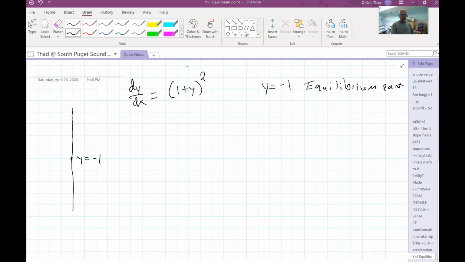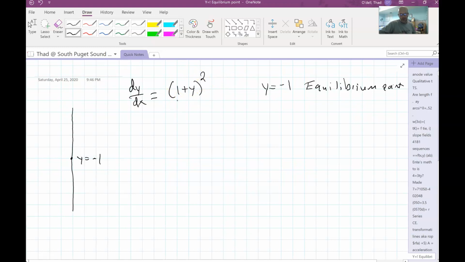That's what enables us to use a phase line, because if we know what's happening at each stop along the y-axis, we know what's happening to the right and the left of it.